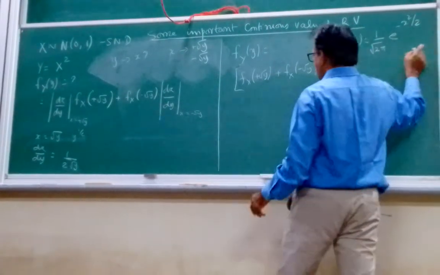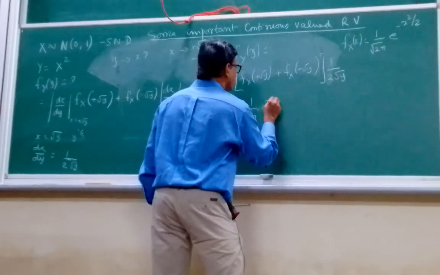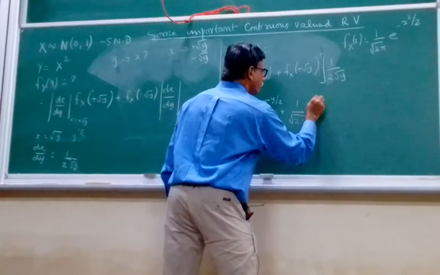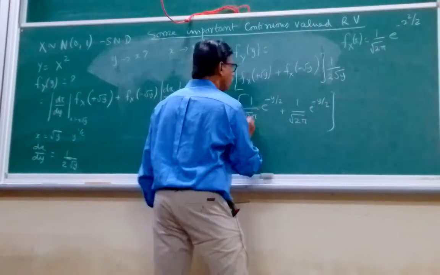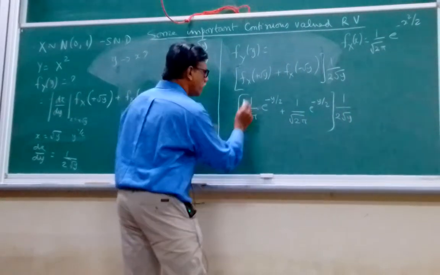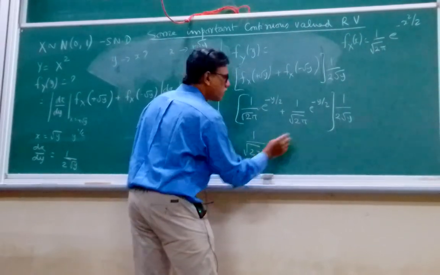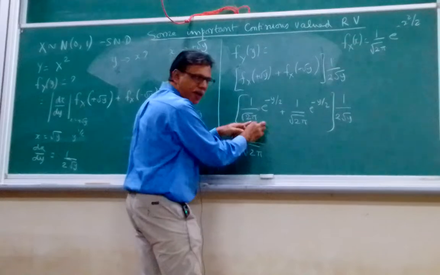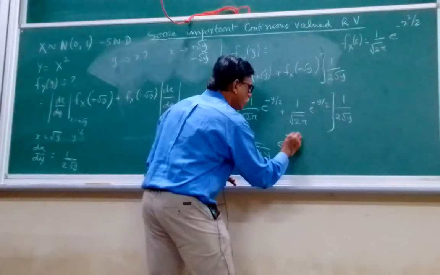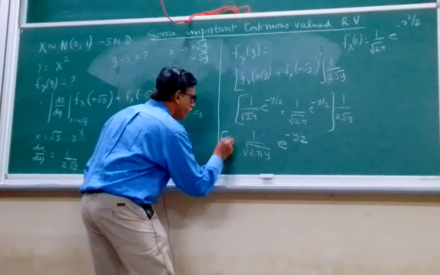There are two such similar terms, so this is twice and the 2 goes away, and I can club it and write it like this, e power of minus y by 2. This is what fY of y is.